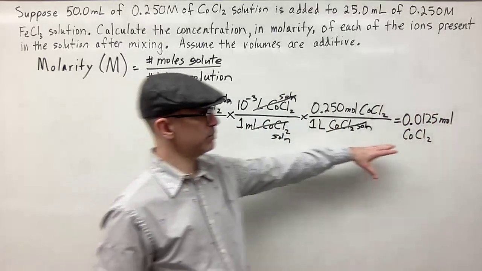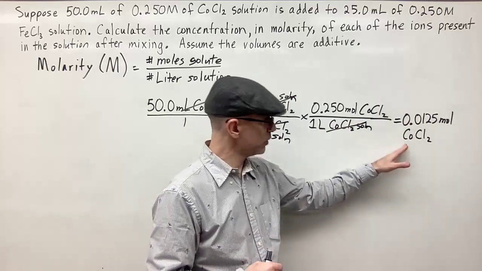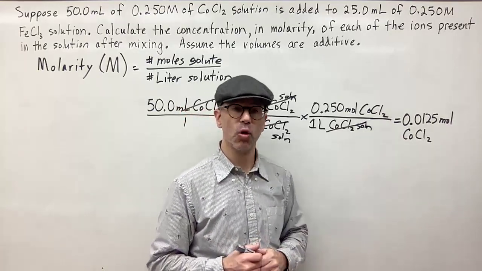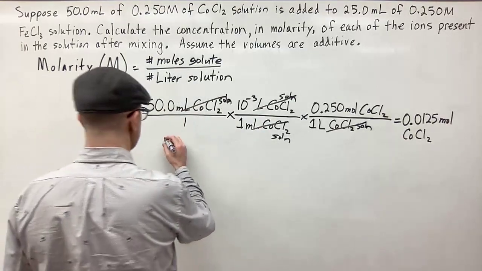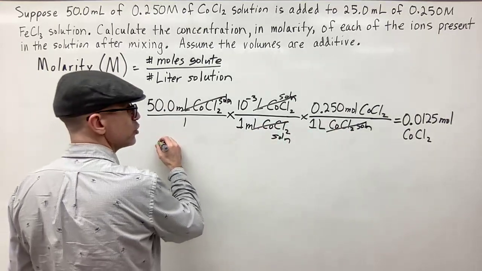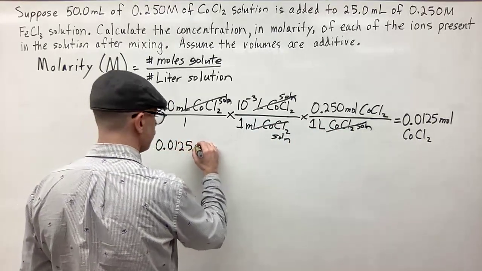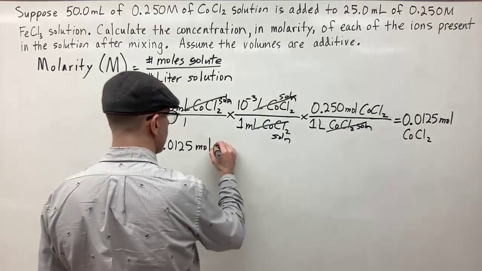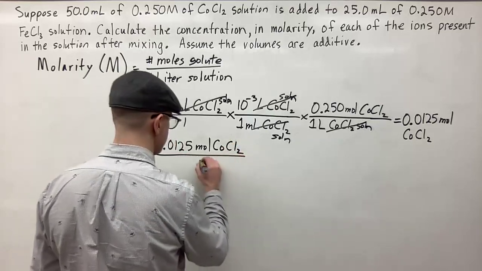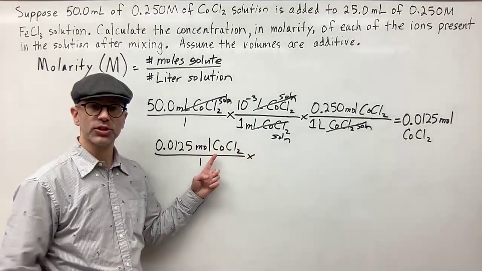So now I can use this moles and I can use the formula to get the mole ratio to convert moles of the cobalt 2 chloride into moles of cobalt ion and moles of the chloride ion. So here we'll do both. We'll do cobalt. So here I have 0.0125 moles of the cobalt 2 chloride. And the ratio of cobalt 2 chloride to cobalt is 1:1, right?